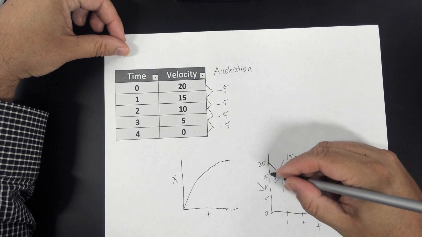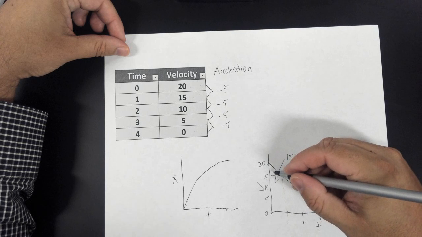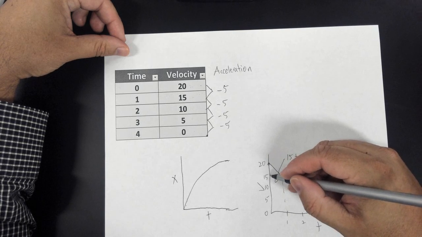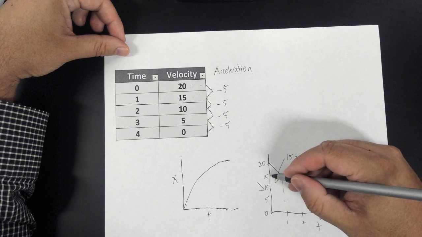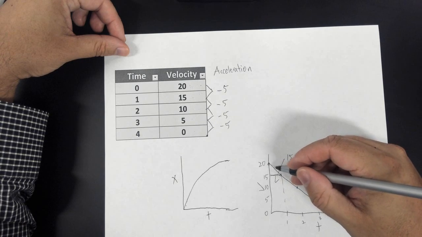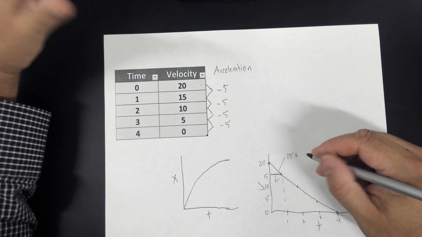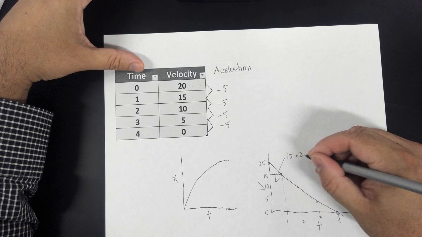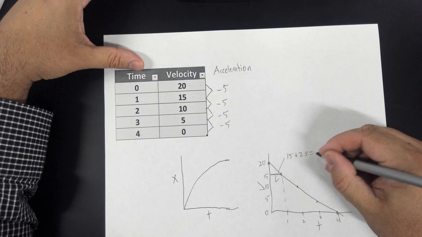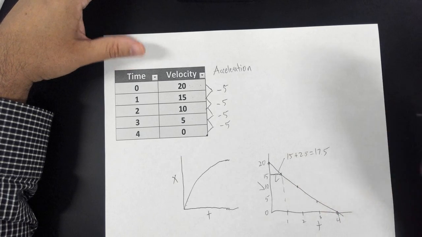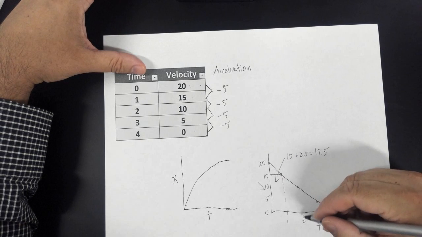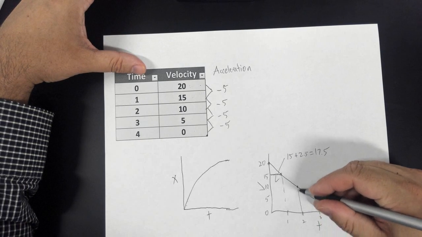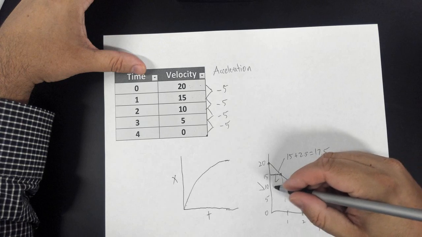And this little triangle is going to be 2.5, because it's base of 1, height of 5, and 1 times 5 is 5. Half of that is 2.5 because it's a triangle, so we have to take half of it. That gives 17.5.